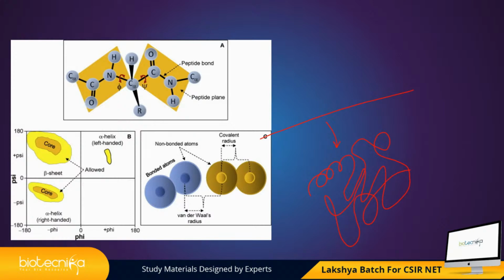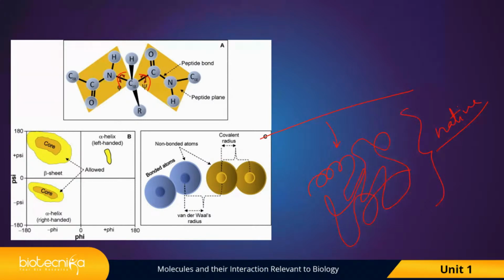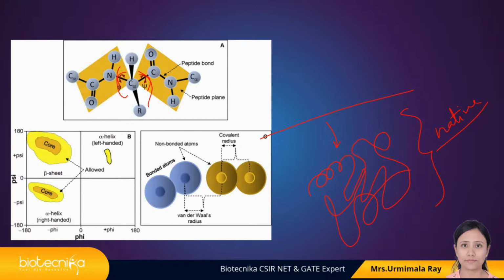Like that, you will have a folded polypeptide, which is the native protein structure. So how does it fold? Because of these phi and psi dihedral angles, right? In the case of glycine, since it's a very small amino acid, the rotation is a lot. So that's why you will have a lot of options. The dihedral angles will be able to rotate in many angles. Hence, a lot of conformations can be taken by a peptide which contains glycine.